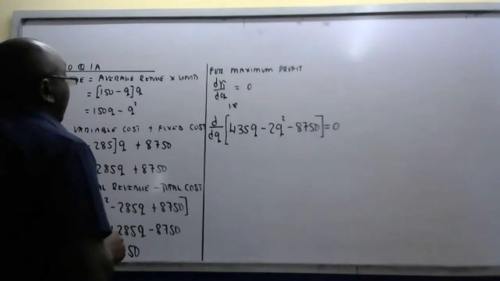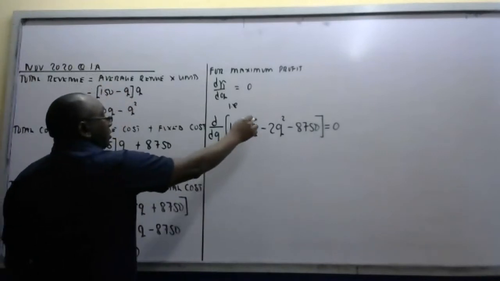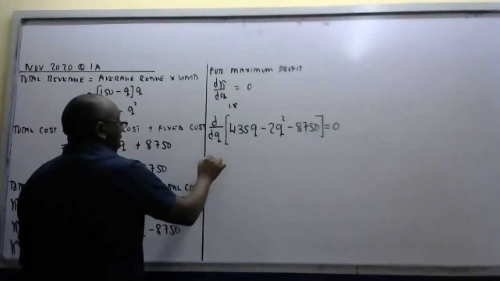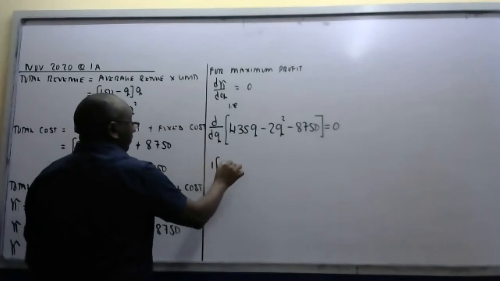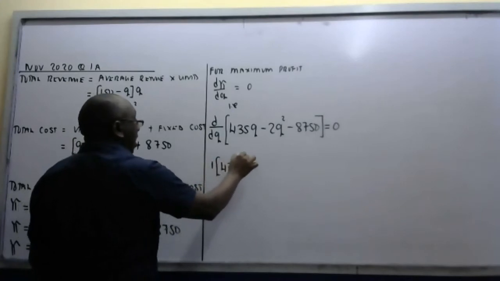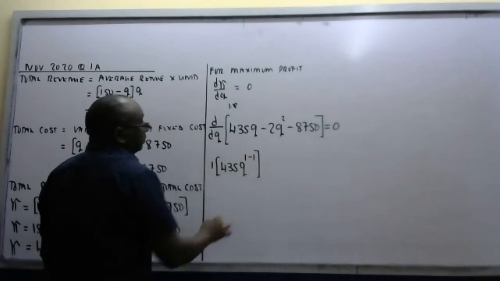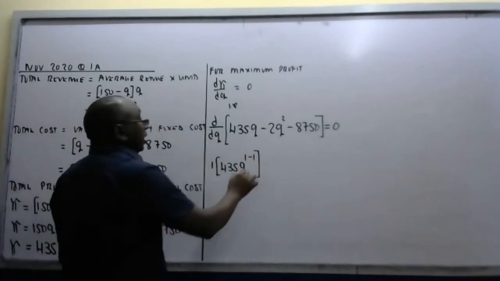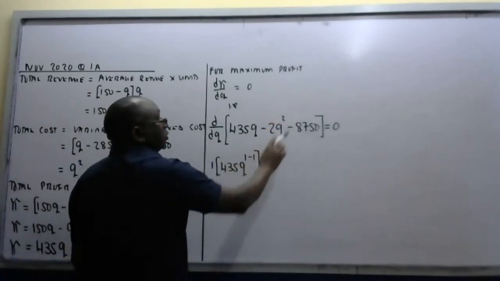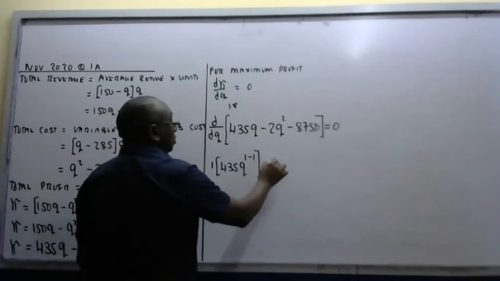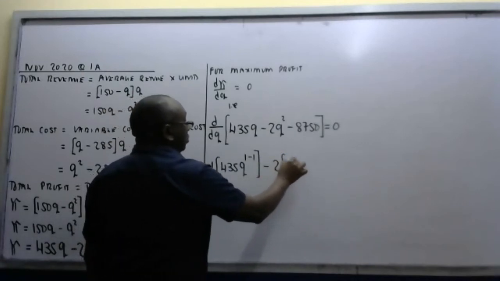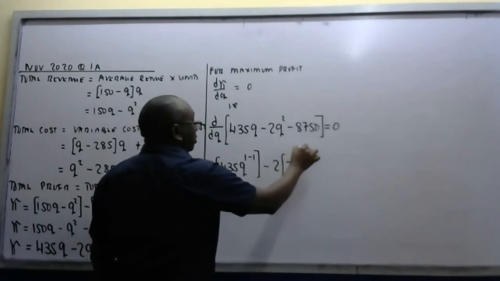So now, this one, because it's raised to power 1, it will be 1, 435Q raised to power 1 minus 1. Then this one is raised to power 2, so you take 2, and then you have 2Q, 2 minus 1.